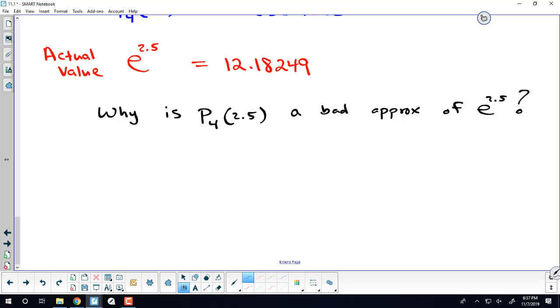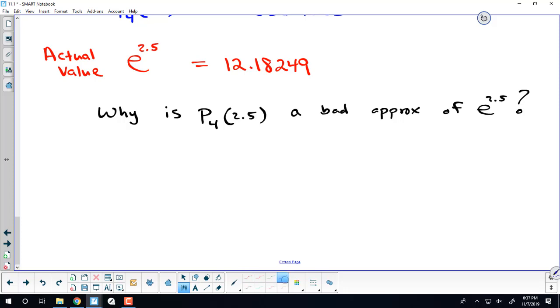You lose accuracy as it gets bigger? Say that again? You said you lose accuracy as the number that you're going to gets bigger? Gets bigger in the sense of away from zero, away from the center. Yeah, so remember we centered this fourth degree polynomial at 0. So in other words, the line, the parabola, the cubic, the fourth degree, they were all built around that point.